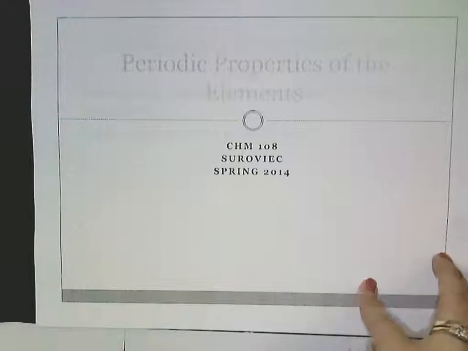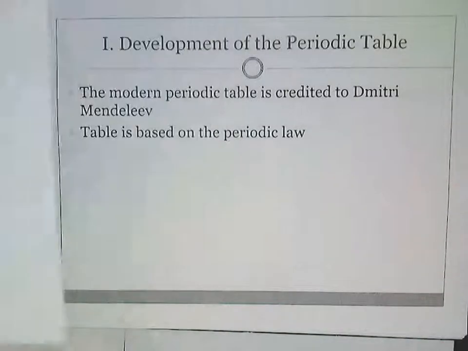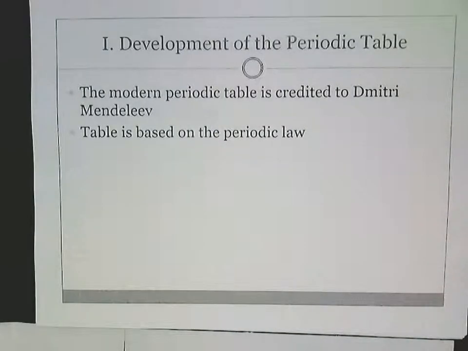All right, so the periodic table. The credit goes to Dmitri Mendeleev for developing what we call the modern periodic table. The table is based on the periodic law, which we mentioned a few lectures ago.